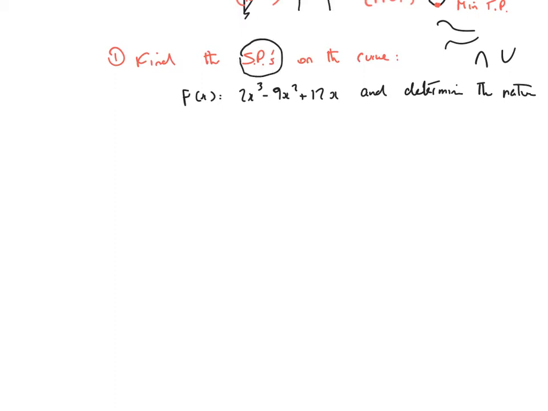Now remember, when you differentiate a function, you get the gradient, so it's going to be 6x squared minus 18x plus 12. That is the gradient. Now, what do I know? I know that a stationary point is a point of zero gradient. So what do I do next? I make the gradient equal to zero.